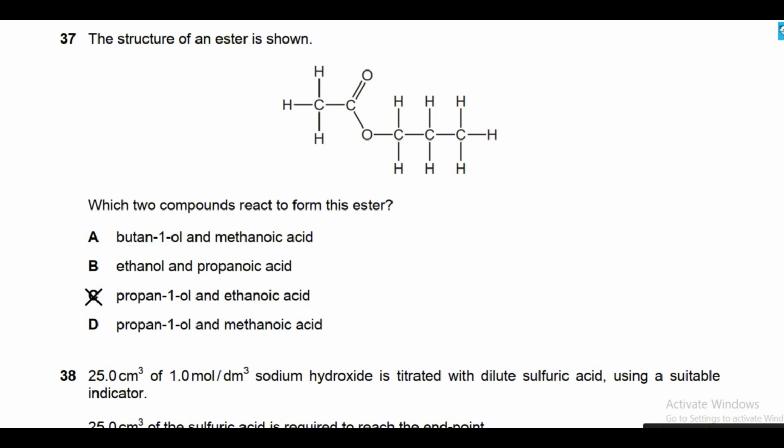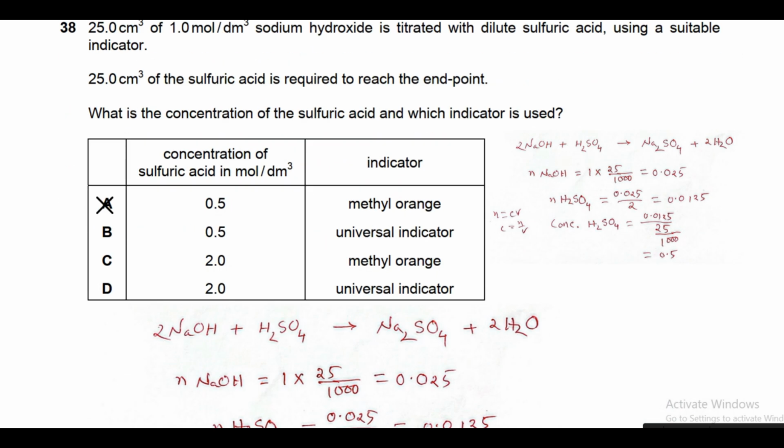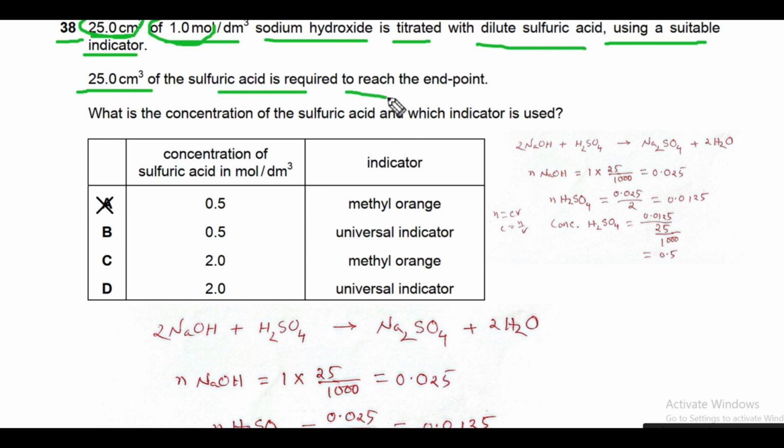Next, 38. 25 cm³ of 1 mol/dm³ sodium hydroxide, concentration and volume given, is titrated with dilute sulfuric acid using a suitable indicator. 25 cm³ of the sulfuric acid is required to reach the end point, the neutralization point.